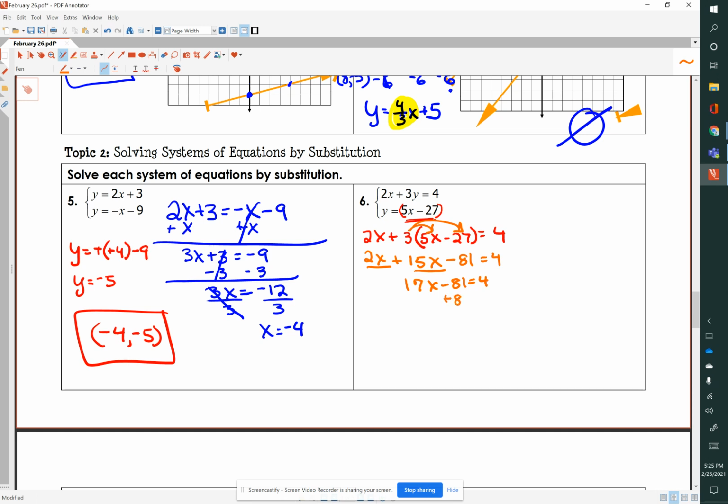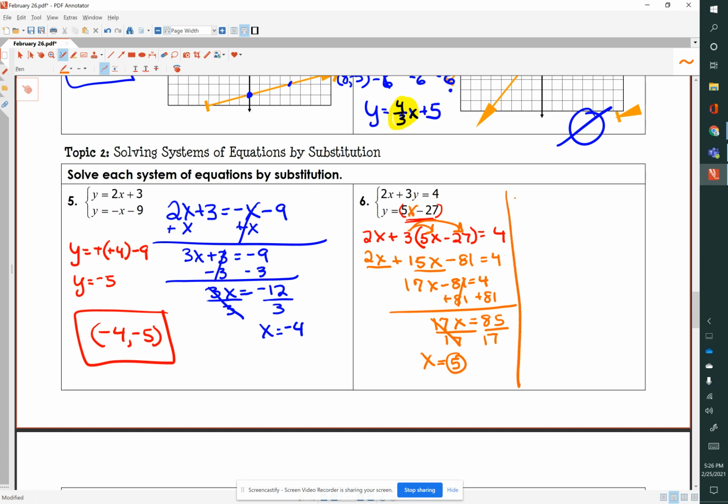Now I add 81 to both sides. 17x equals 85, and I divide both sides by 17. And x equals 5. Now I'm going to take that 5 and insert it into this equation for x.